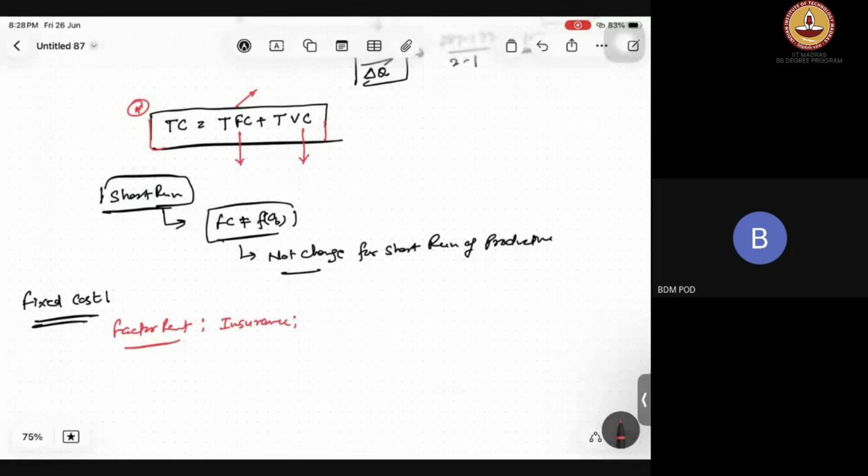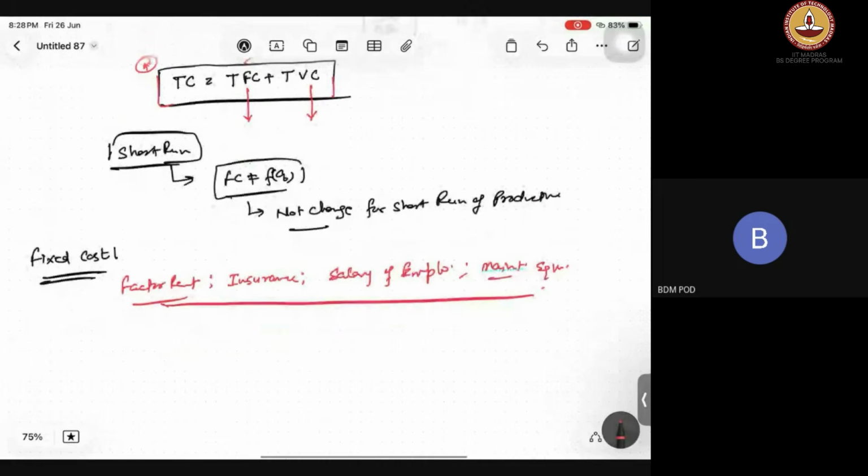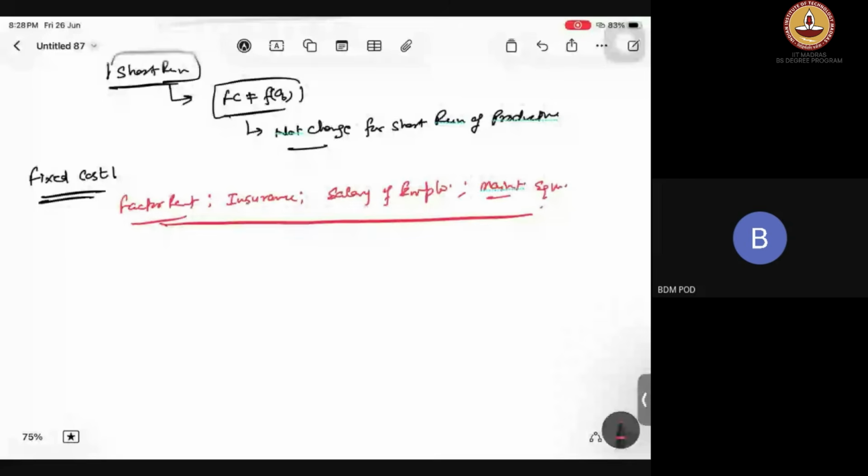Your salary of employees, right? Your equipment maintenance. So these are all your fixed cost. Sir, can we say these are costs which we pay whether the production is going or not going? These costs are inevitable, you need to pay. Correct, correct.